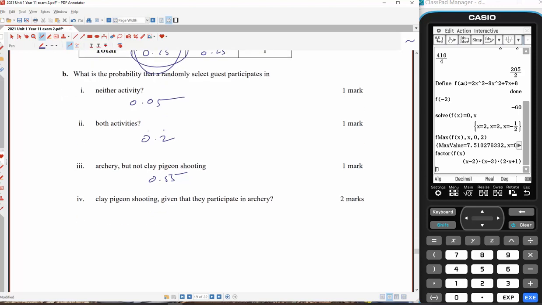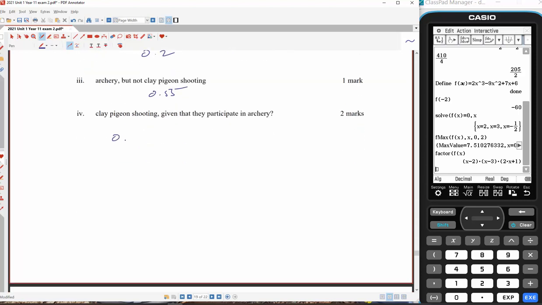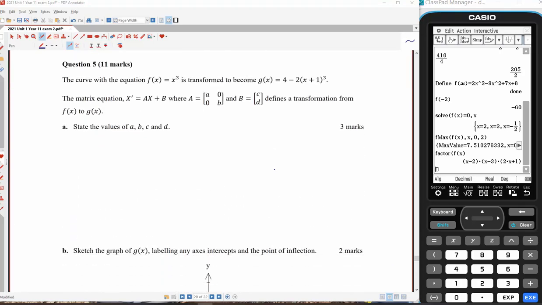So it's going to be 0.2 over 0.75, which is equal to 20 over 75, which is equal to 4 over 15. Okay, and on to the final question.